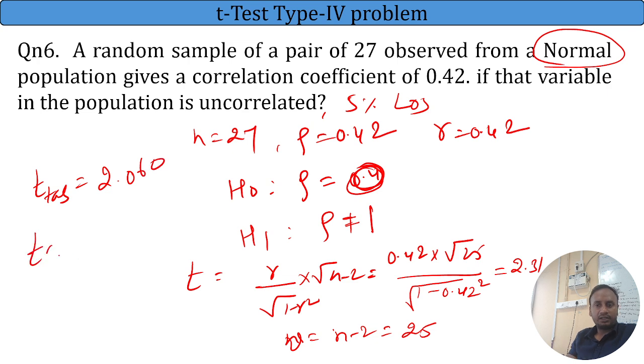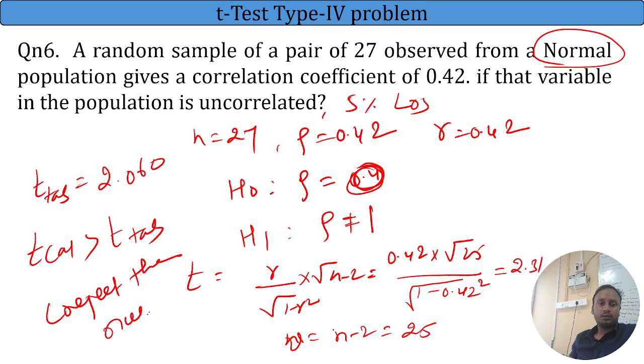Now we see t calculated is greater than t tabulated, so we reject the null hypothesis.